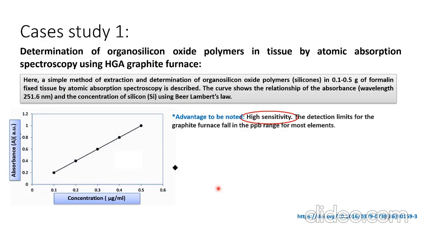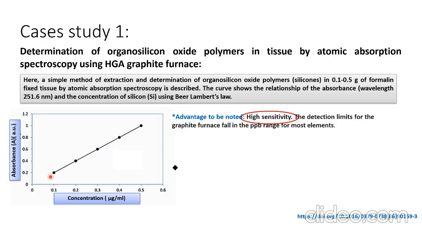This is case study one, the determination of organosilicon oxide polymer in tissue by AAS using an HGA graphite furnace. Here a simple method of extraction and determination of organosilicon oxide polymer in fixed tissue by AAS is used. And using Beer-Lambert's law, the concentration of silicon can be correlated with the absorbance.